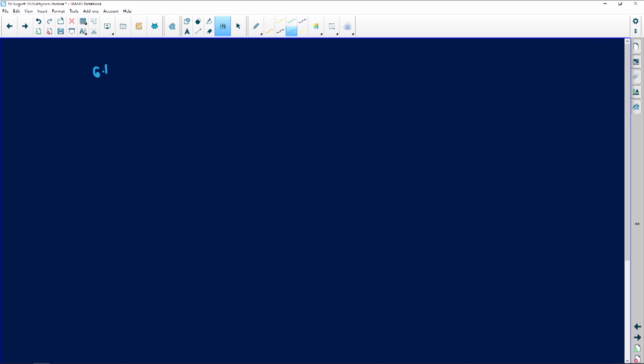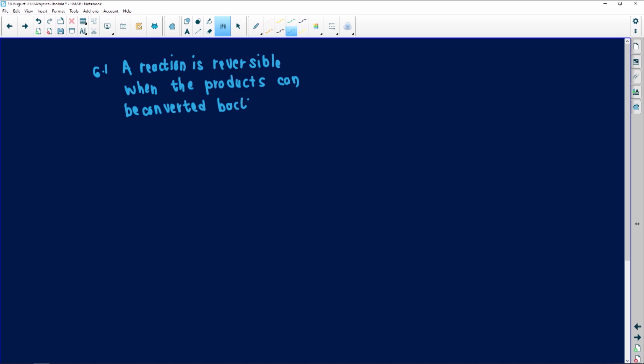So a reversible reaction: a reaction is reversible when the products can be converted back to reactants. And that is as easy as that.